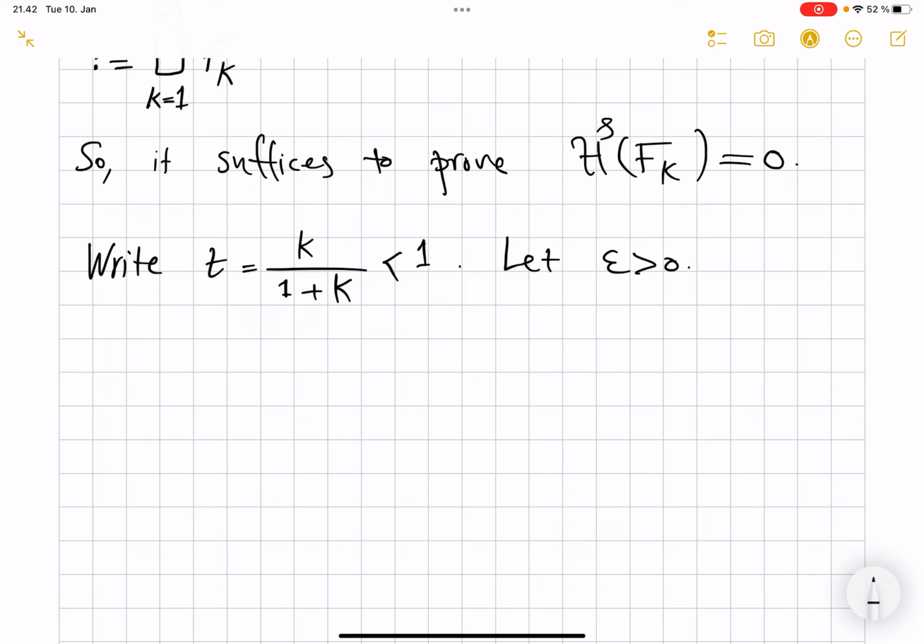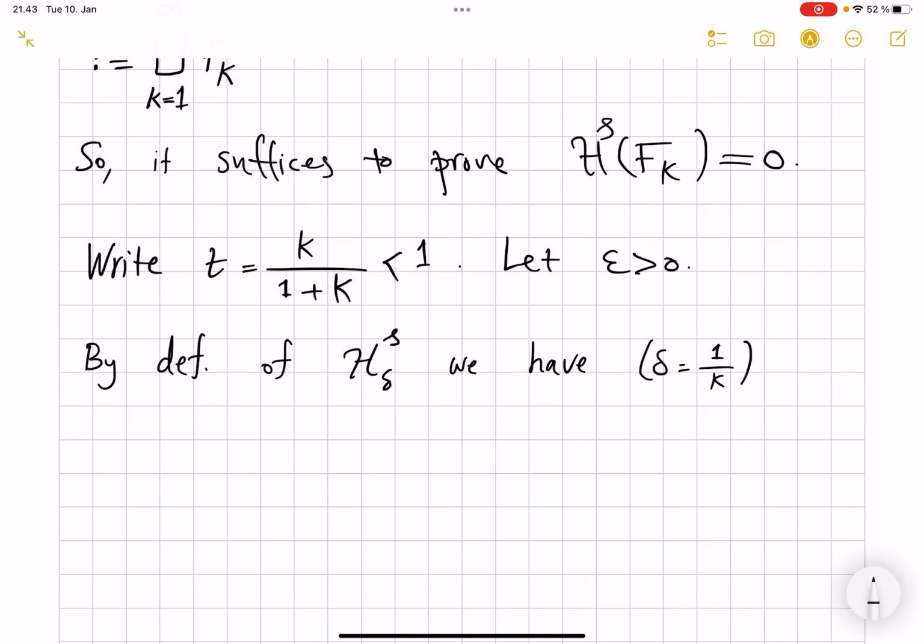By definition of Hausdorff measure and Hausdorff content, so remember that this Hs is defined through Hs deltas and then letting delta go to 0. Here I'm going to take delta to be equal to 1 over k.